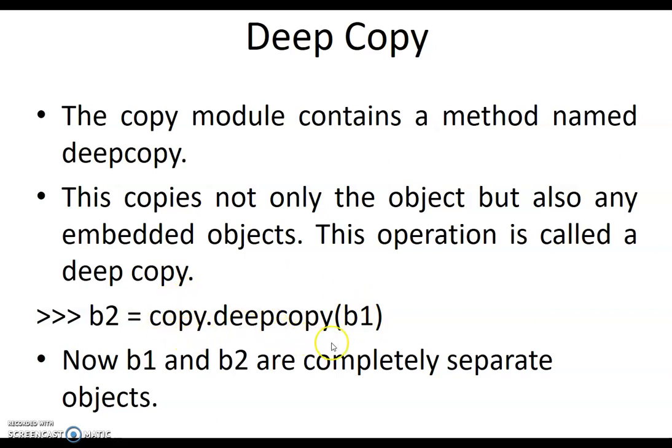So we use a deep copy. If it isn't embedded, we copy all the contents from B1 to B2. So now B1 and B2 are completely separate objects, but the values of B1 have been copied into B2. We'll execute a program on this.